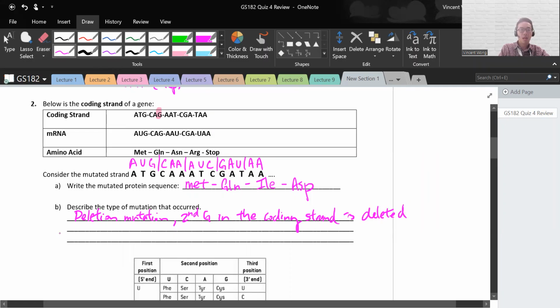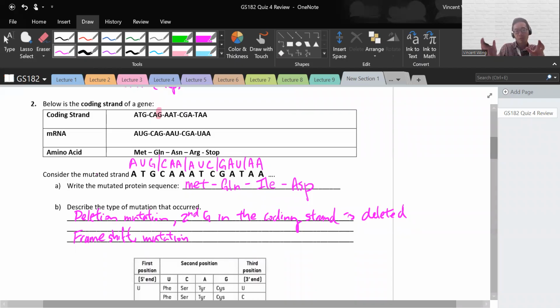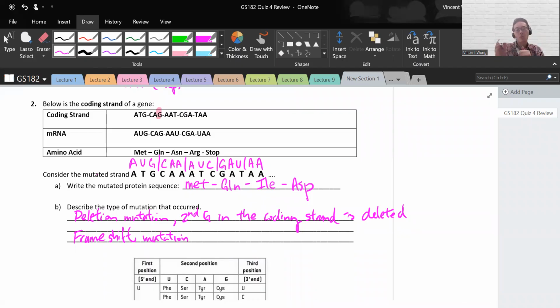Okay, and what happens when you have a deletion mutation? Well, that's going to change the entire reading frame, right? And we call that a frame shift mutation, right? Caused by a deletion mutation. If you're deleting or adding nucleotides that are not multiples of 3, that will always result in a frame shift mutation.